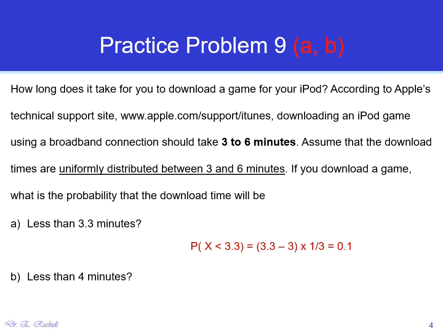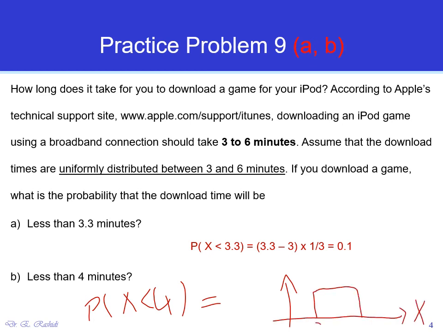Next question. What is the probability that the download time will be less than 4 minutes? So please pause, work on this problem, and then come back to see the solution. Let's see the solution. So again, if you go with the plotting and finding the area, it is much easier. The plot of the area for this problem would be, so we have the probability that x is less than 4 minutes. It would be finding the area here.